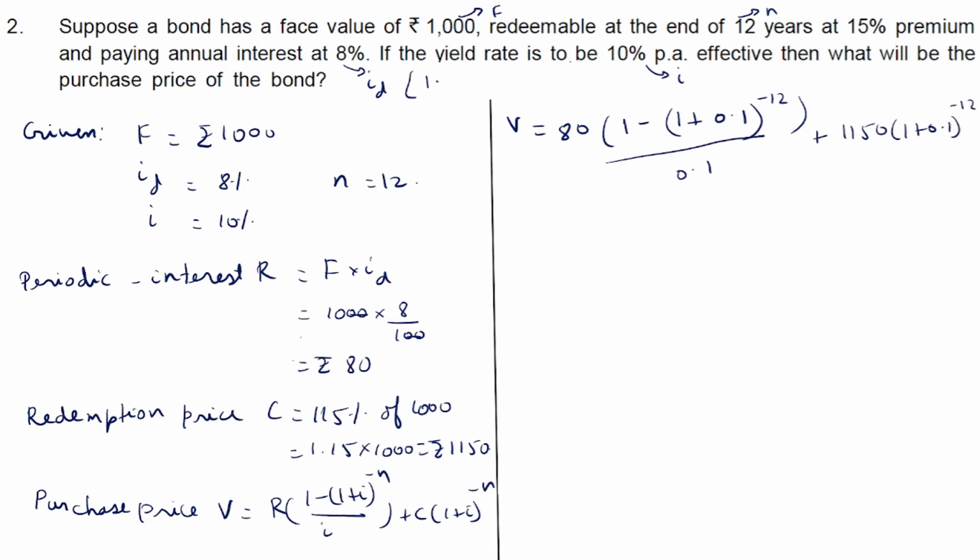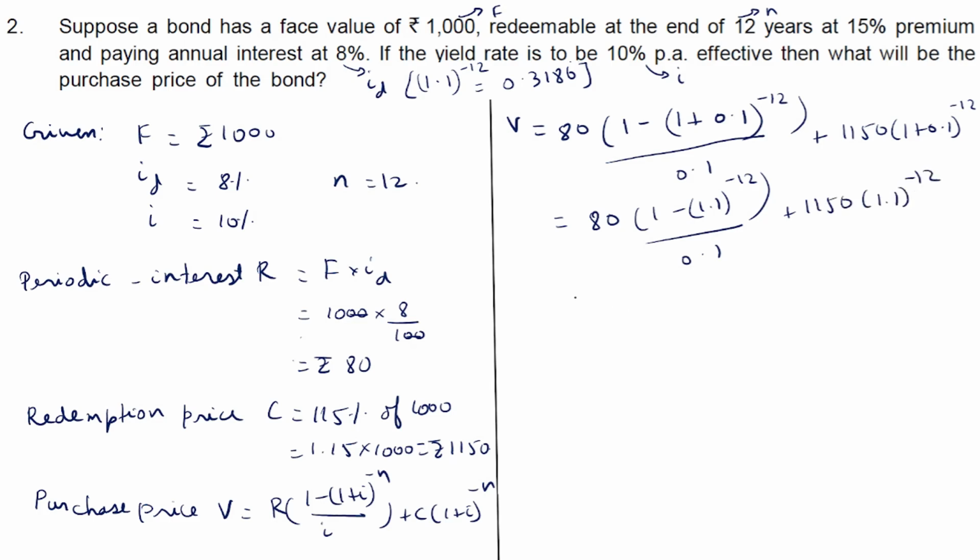Now usually in the question the value of 1.1 the whole raised to minus 12 will be given. So the value is 0.3186. So this is equal to 80 into 1 minus 1.1 the whole raised to minus 12 upon 0.1 plus 1150 into 1.1 the whole raised to minus 12.